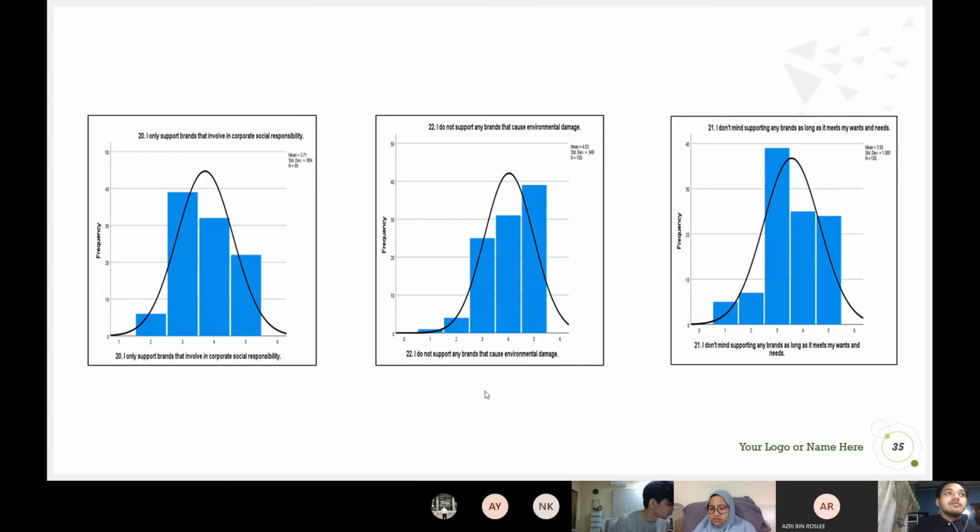This concludes that based on the customer's demand overall, most of the respondents are satisfied by using brands that involve corporate social responsibility. Therefore, organizations should start corporate social responsibilities as long as it meets the customer's wants and needs. Organizations that cause damage to the environment are not supported by the respondents, and they strongly agreed that they do not support them.